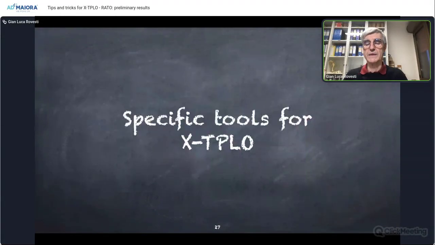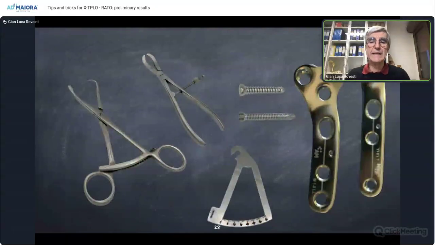About the instruments that we can use for the technique, they are quite simple because the plate has a proximal hole for temporary stabilization and a distal hole for temporary stabilization. It uses one cortical screw, as we will see during the surgical technique, and all locking screws.